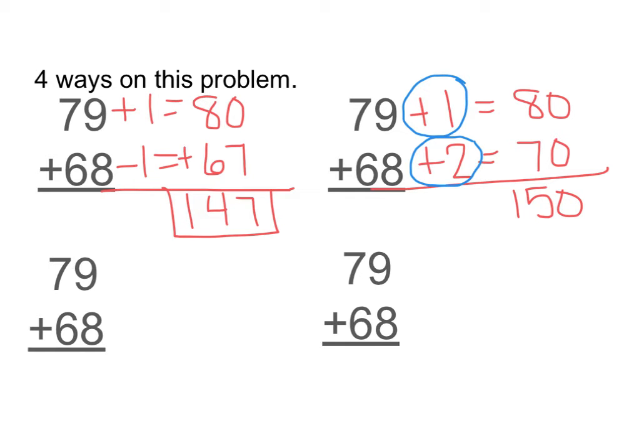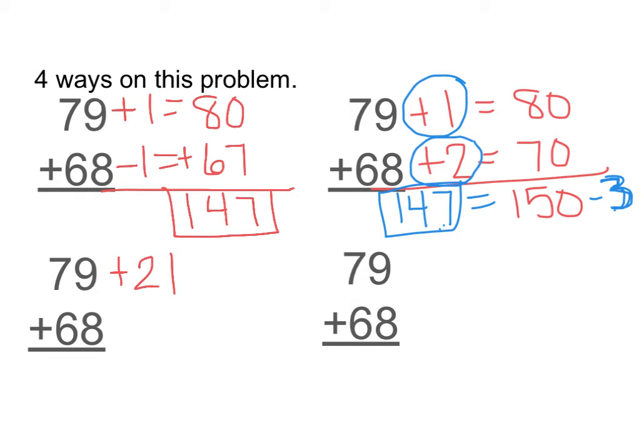I can't just add numbers unless at the end I adjust and take the compensation out of my answer. So 150 minus 3, well, 3's partner is 47 to 50, so 147.